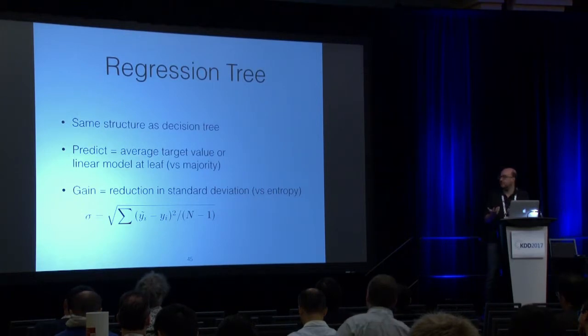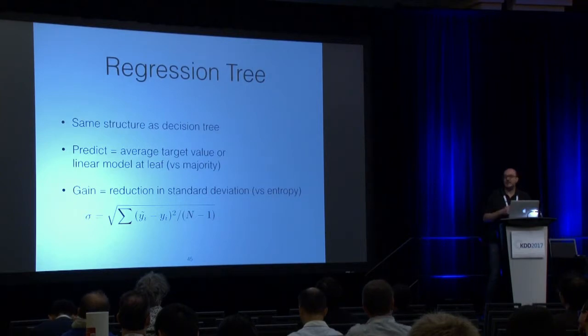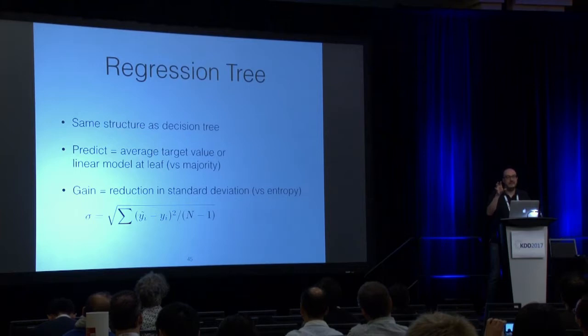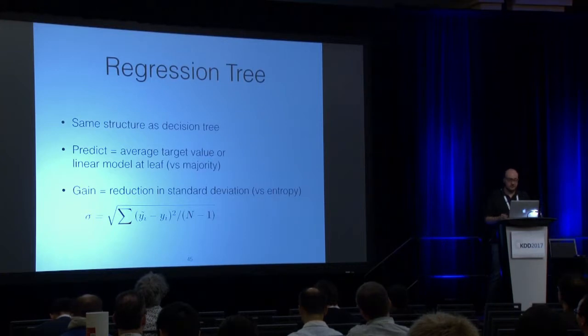So instead of information gain, we use variance reduction. The other thing is that instead of predicting in the leaf using the majority class, here we are going to look at the average of the values of the instances in the leaves. Okay, so those are the two differences that we need.